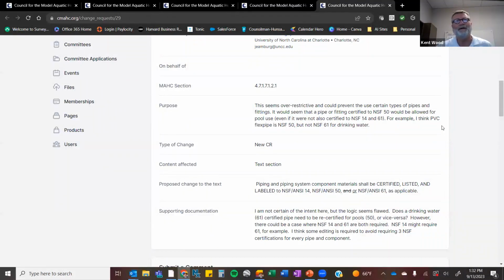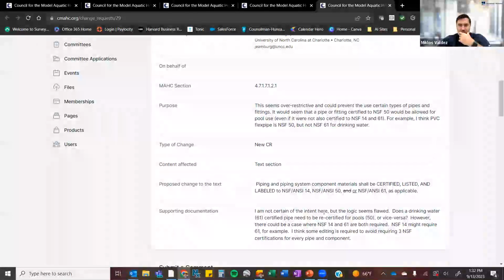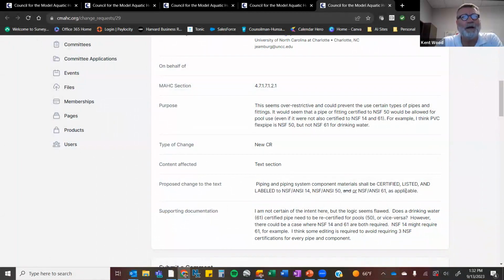I think if we simply changed an "and" to an "or," we could meet the intent of the change request. Well, that's what the change request is doing, changing the "and" to the "or." Right. Okay, I think that's fine.